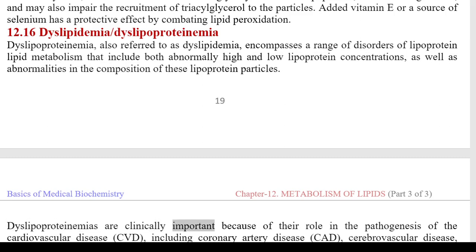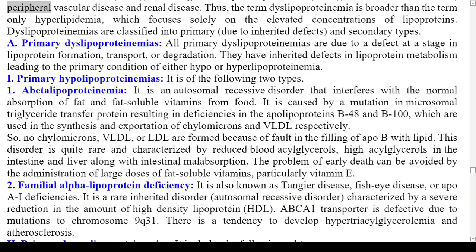Dyslipidemias are clinically important because of their role in the pathogenesis of cardiovascular disease, CVD, including coronary artery disease, CAD, cerebrovascular disease, peripheral vascular disease and renal disease. Thus, the term dyslipidemia is broader than the term hyperlipidemia, which focuses solely on the elevated concentrations of lipoproteins.